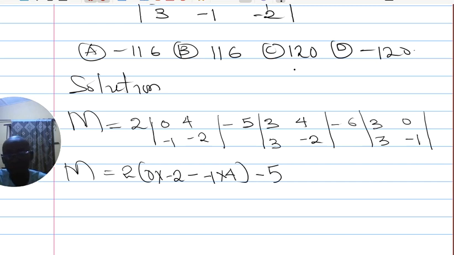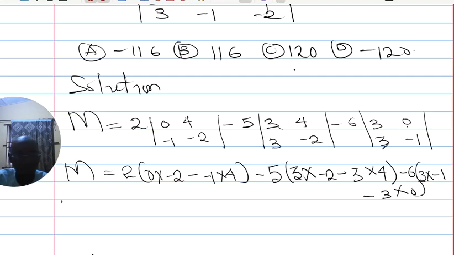Minus 5 times 3 times minus 2, the determinant of the 2 by 2 here, right? Minus 3 times 4, minus 3 times minus 1, minus 3 times 0, okay.